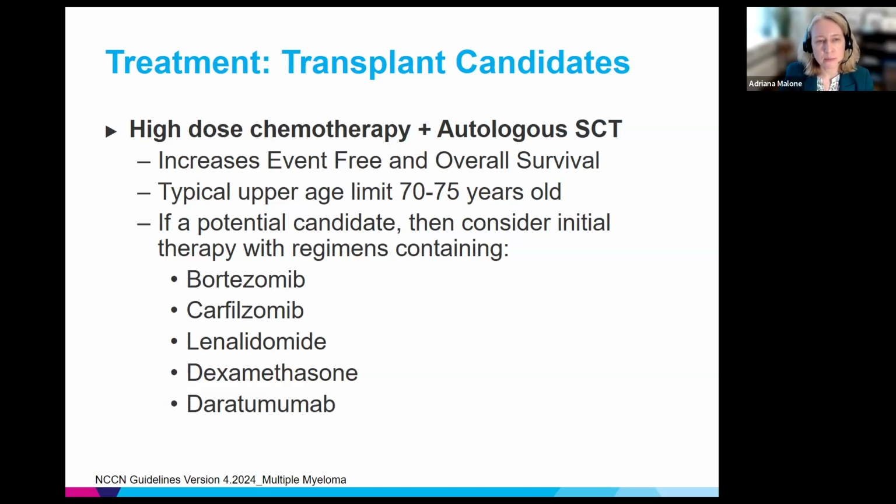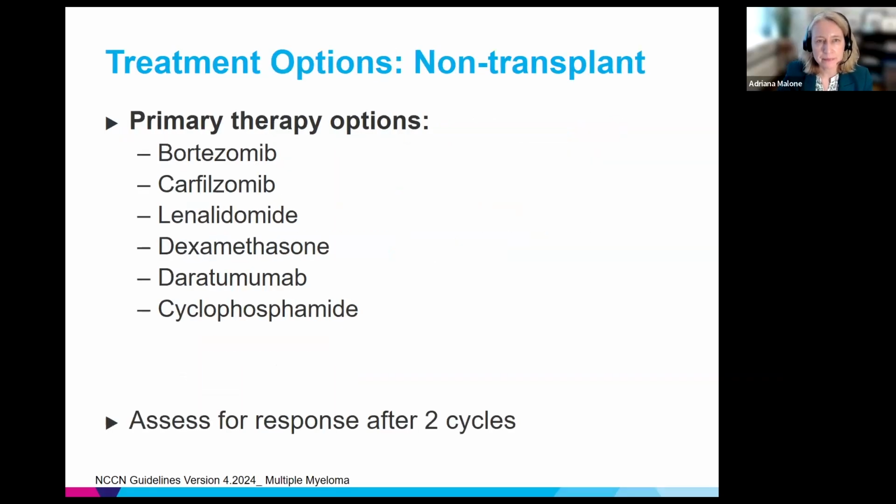If the patient could be a potential candidate for transplant, then we consider initial therapy with regimens containing either bortezomib or carfilzomib proteasome inhibitors, lenalidomide, which is an immunomodulatory drug, dexamethasone, or daratumumab, an anti-CD38 monoclonal antibody drug.